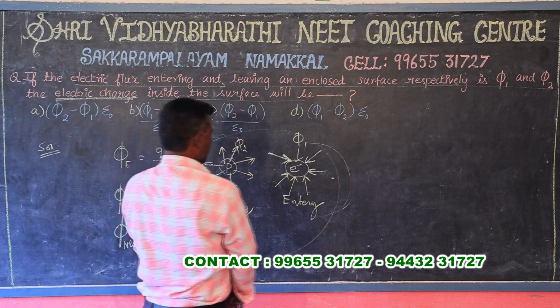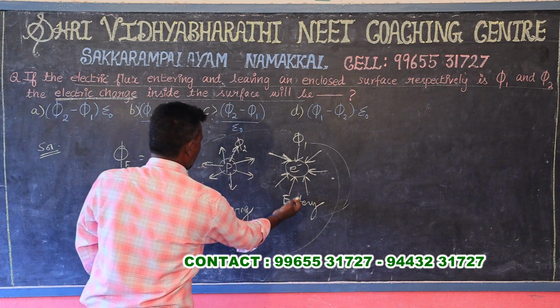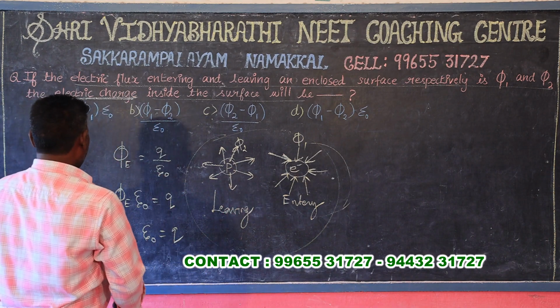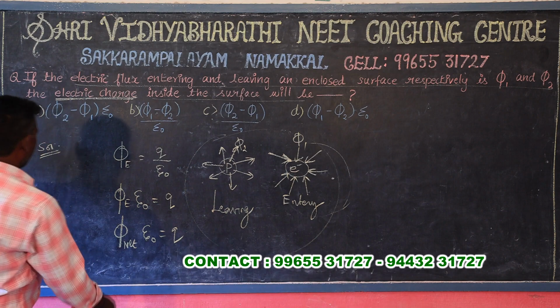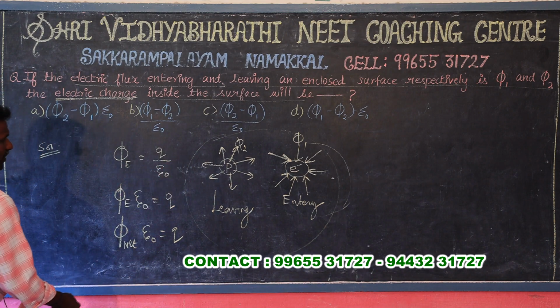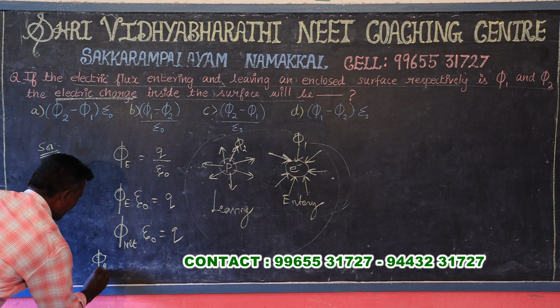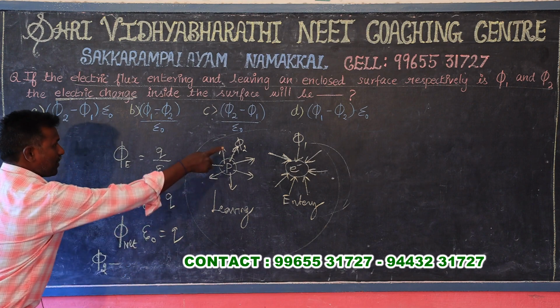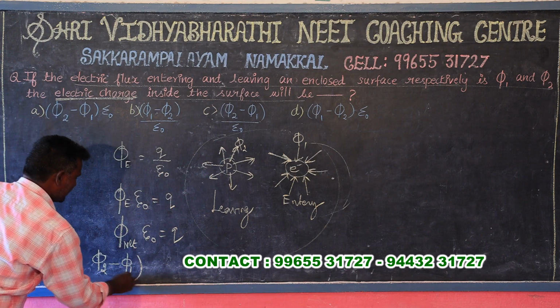Like that, here the electron is entering and the proton is leaving. Net electric flux means phi 2 minus phi 1. Why? Because phi 2 is leaving, representing the proton, and phi 1 is the electron, entering.